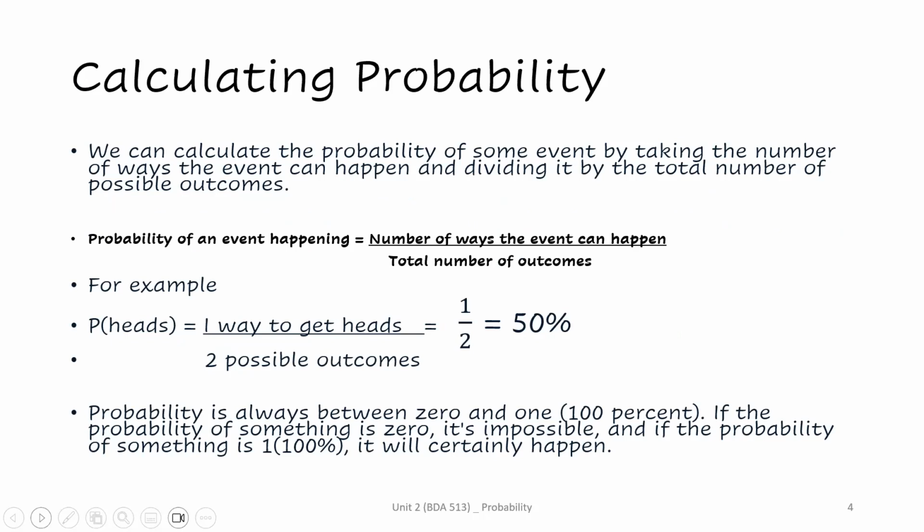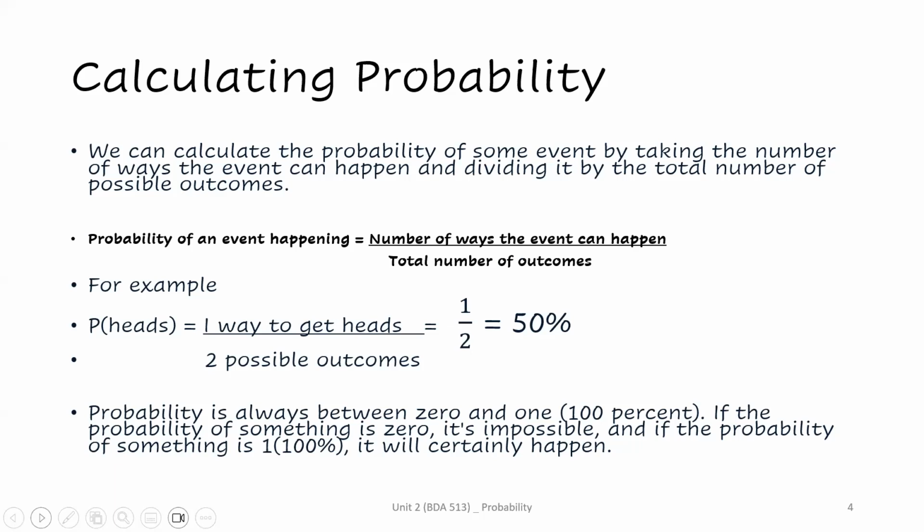So we calculate probability by taking the number of ways that a particular event can happen divided by the total number of outcomes. A popular example is, let's say you have a coin. You have heads and you have tails, so 2 sides of a coin. If you want a head, there is only one way by which you can get a head because it's a 2-faced coin.